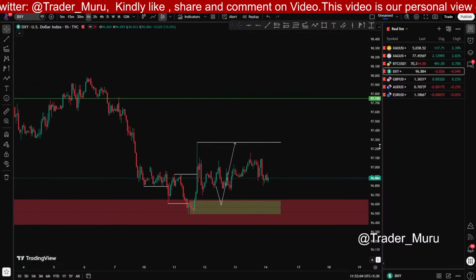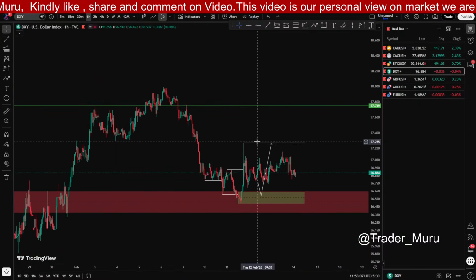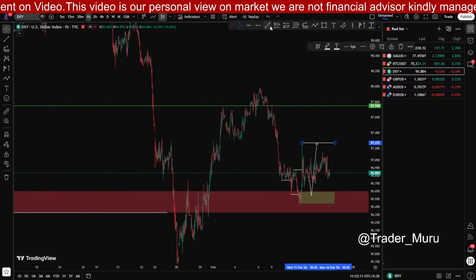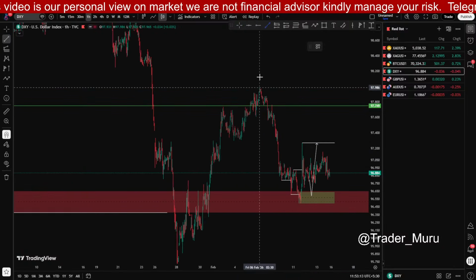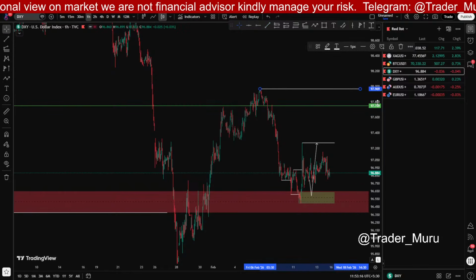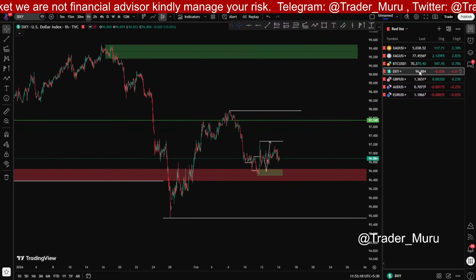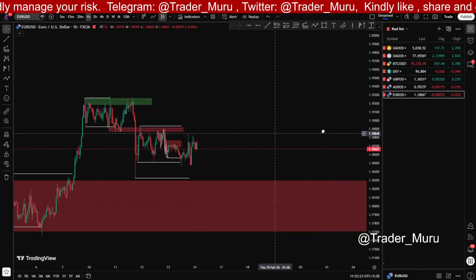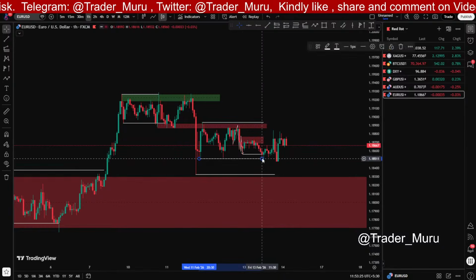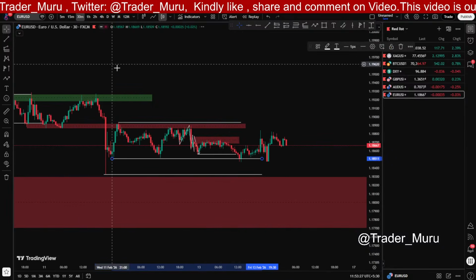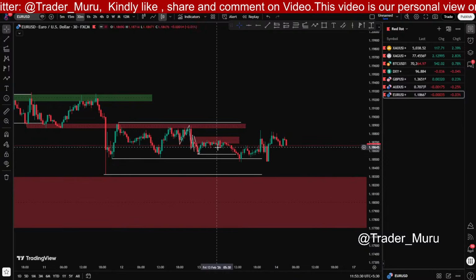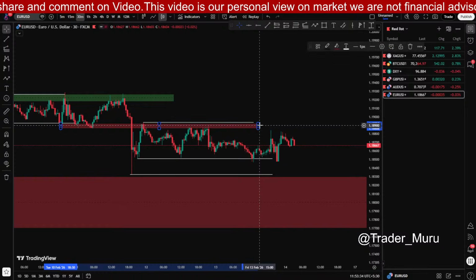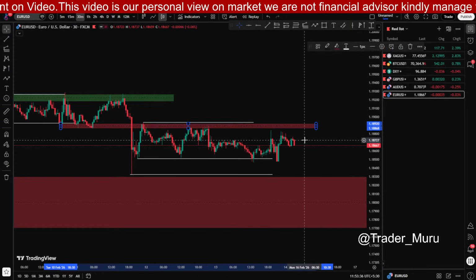DXY is bullish, still ranging below this low. Once it breaks, we can expect it to break above this high. Euro is ranging here. It has developed a breakout structure, so possibly this red zone will act as a resistance now.